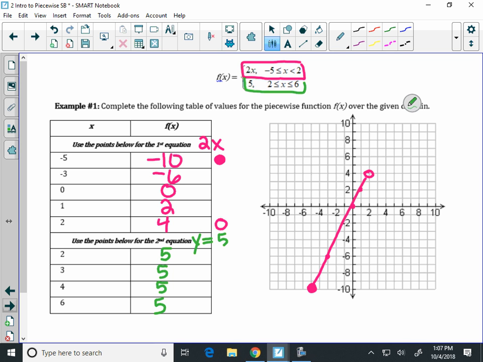Well, at x equals 2, what kind of dot are you going to put on your graph? Closed dot. What about at 6? Also closed because it's less than or equal to. So this one I want you to graph and make sure that those endpoints have nice closed dots. 2, 5, 3, 5, 4, 5, 6, 5. And I connect them to get a second graph.